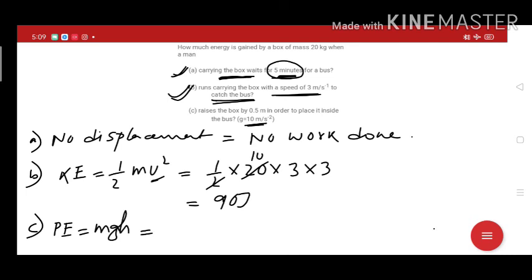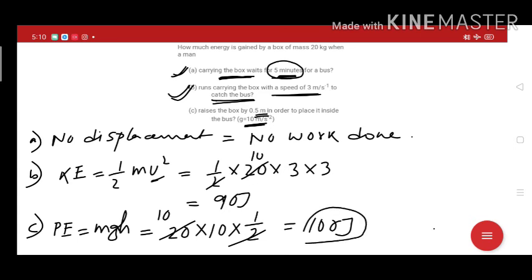So g is given over here, that is 10. So mass is 20 kg, and 10 is the value of g, and h means the height it has been placed, so 0.5 meter. So we can write 1 by 2 meter. So 2 tens are 20, and that is going to be 100. So 100 joule is the amount of potential energy after the man raised it at a height of 0.5 meter.